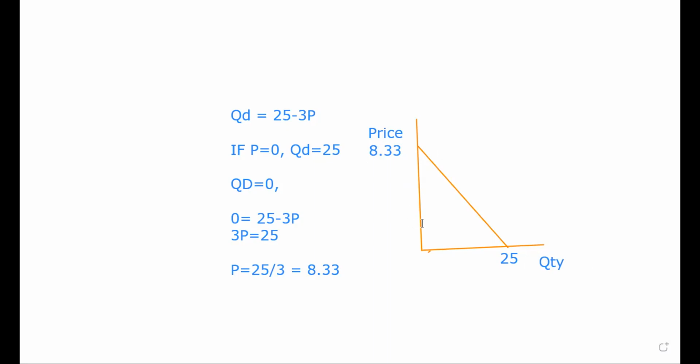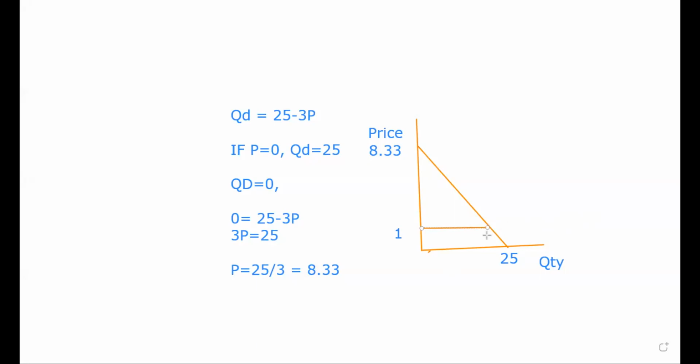You can also map the other points. So if the price is 1, then quantity demanded, remember what we got? 22. If it's 1, people will buy 22.